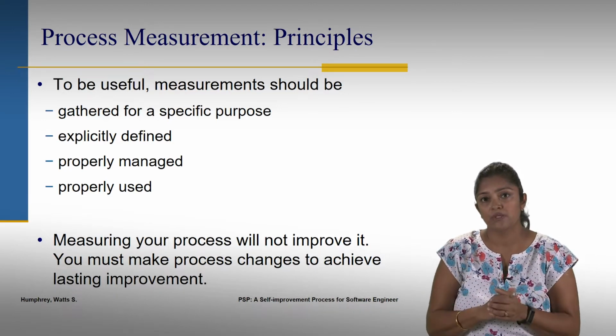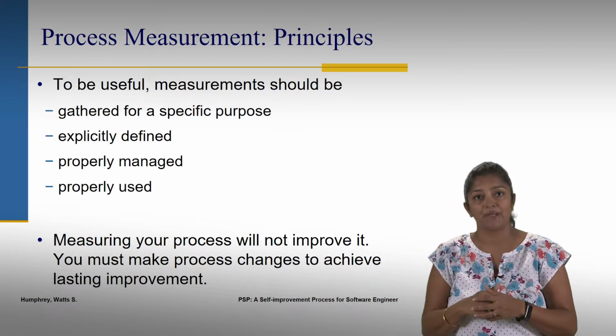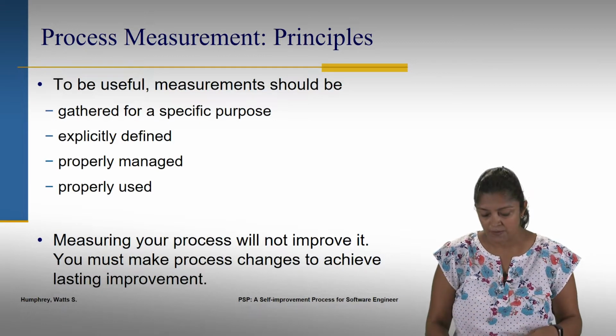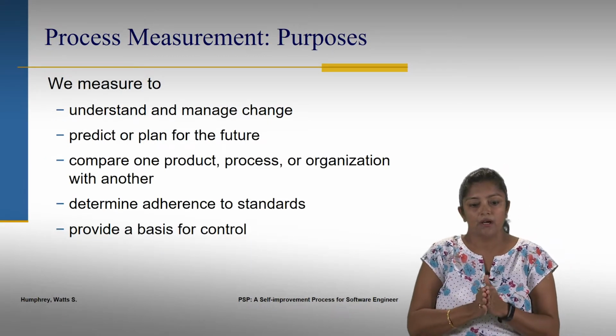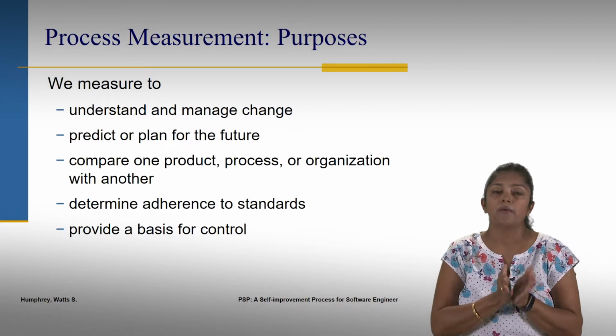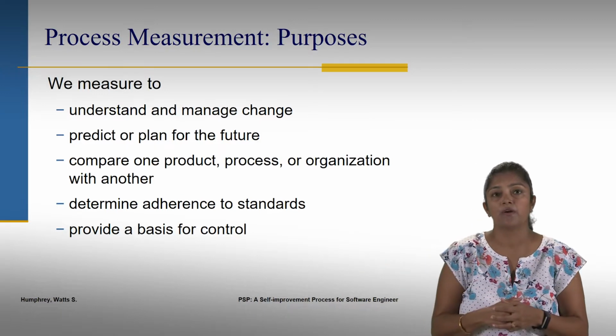The goal must be to use and analyze those measurements in order to make some lasting improvements in your programming habits. So the purpose of process measurement should be to understand and then manage changes in your work style.